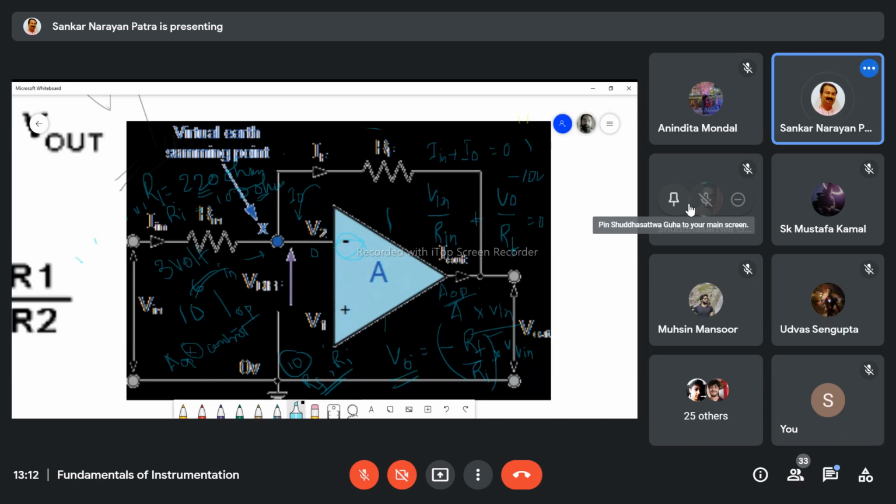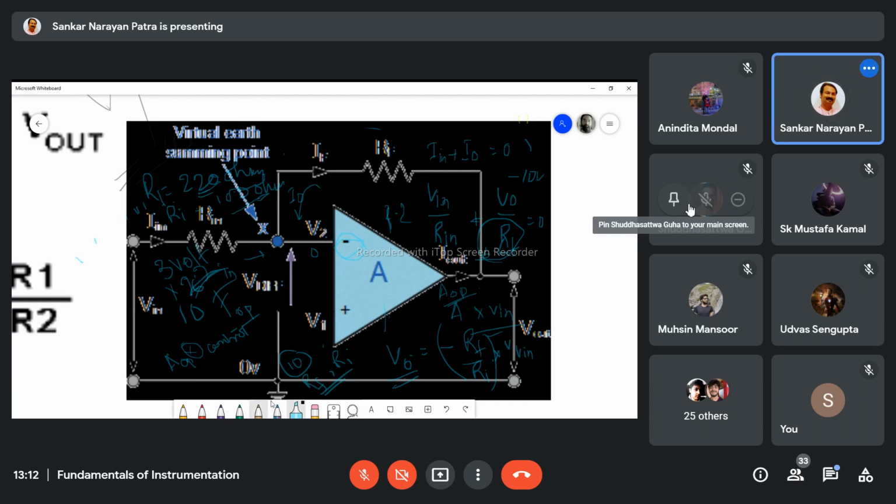But if you apply closed loop operation and you select 220 ohm for Rf and Ri is 100 ohm, then the gain is 2.2, so the output voltage will be 2.2 into 3, that means 6.6 volt. So you can measure that output. It is not like the saturation voltage of 10 volt. So you have control over the output voltage. That is the benefit of closed loop operation over open loop operation. You can always control the output gain.